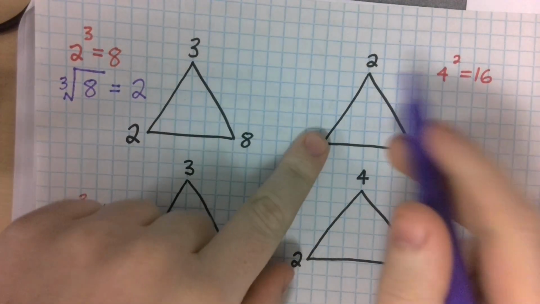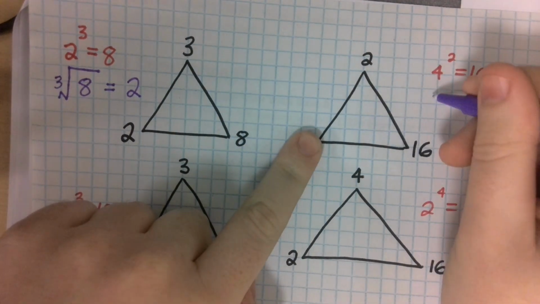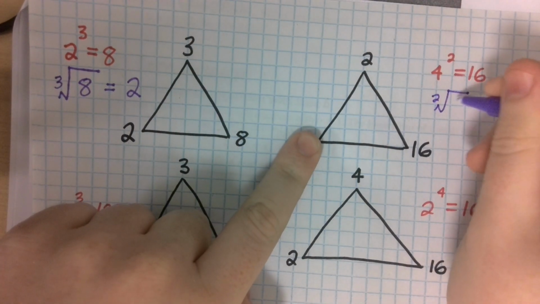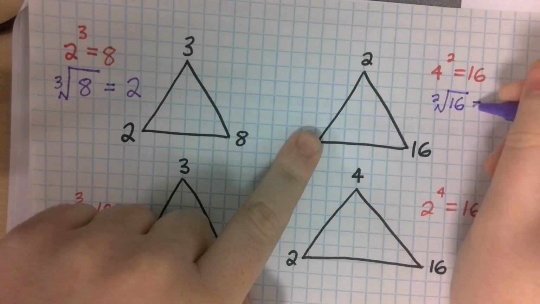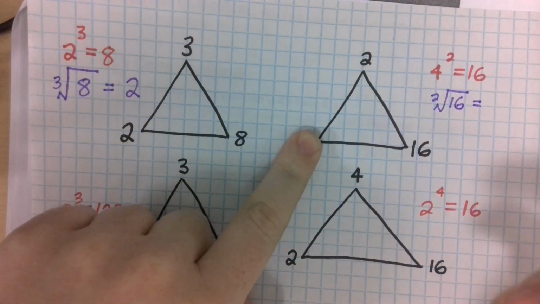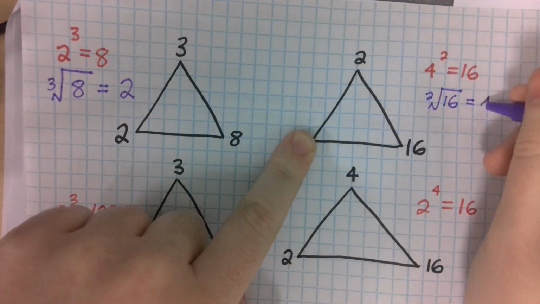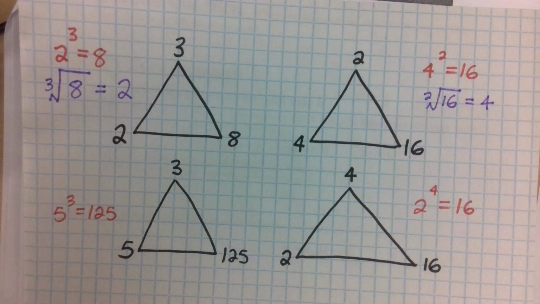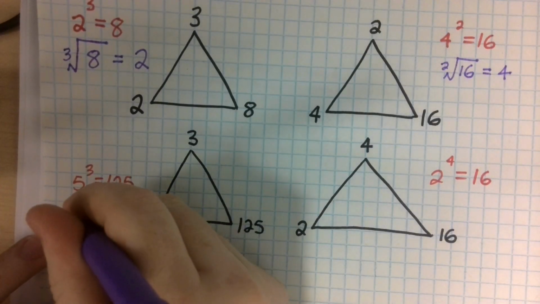Let's do the same thing over here. Well, obviously, we put the 2 on the outside of the radical, the 16 underneath, and we end up with, even without looking at our triangle, we know the square root of 16 is 4. So that's another way we could write it, is with these radicals.